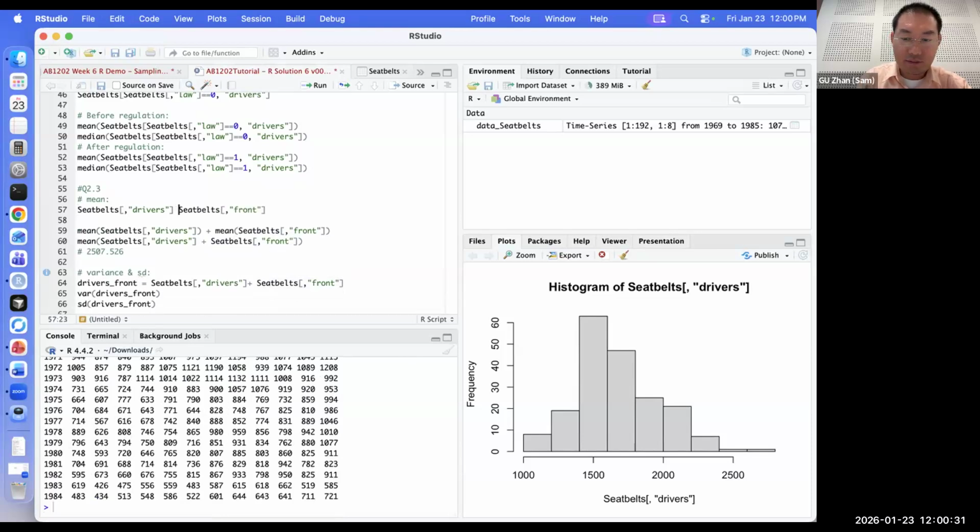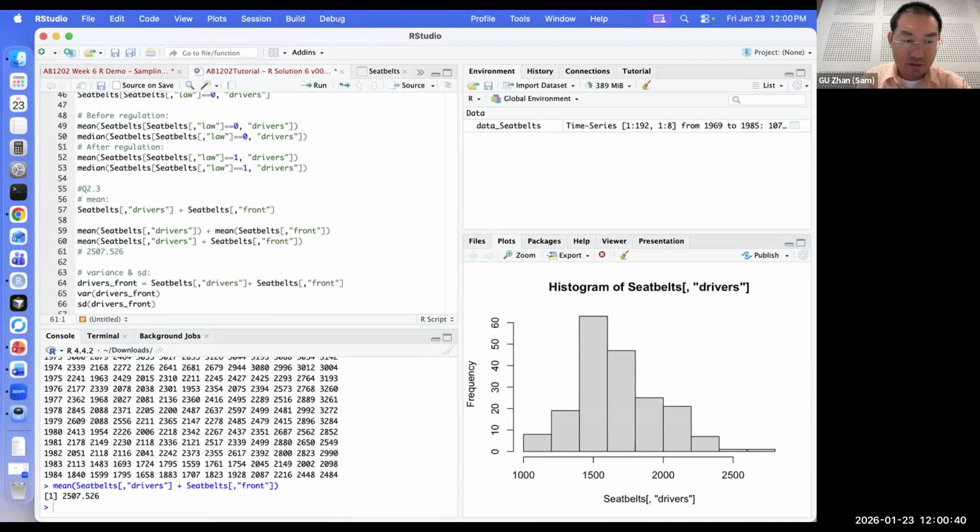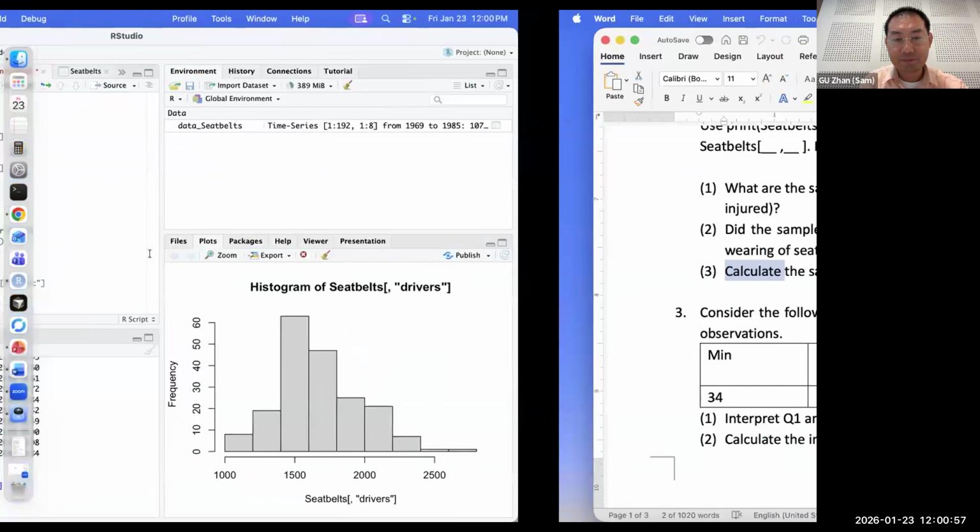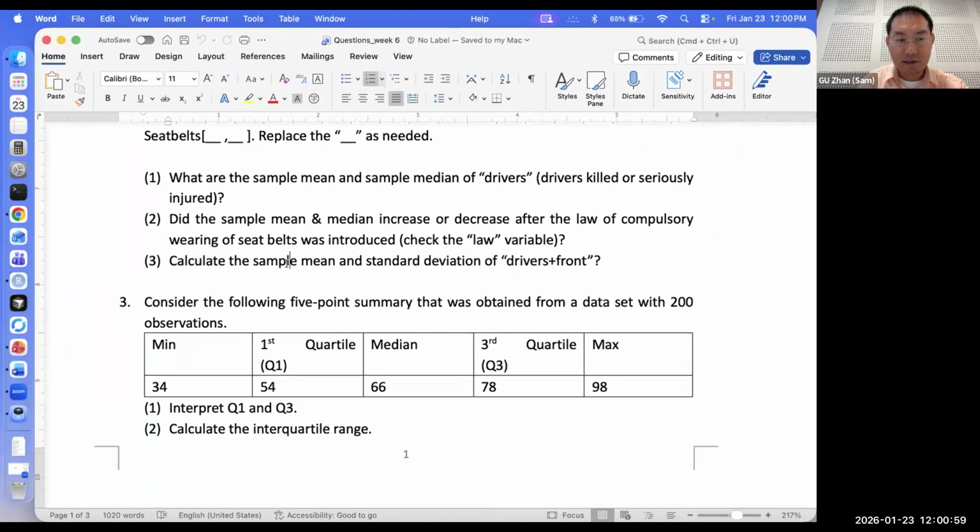You add them together, then find the mean value, which is 2507.526. If you add the mean value of drivers and the mean value of the seat belt, they give you the same result, 2507. Okay, we have calculated that one.